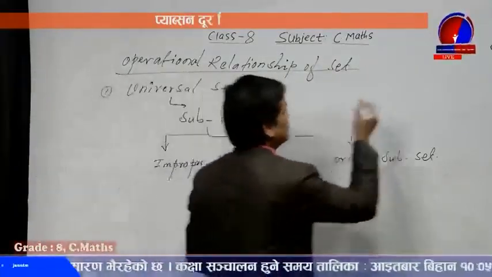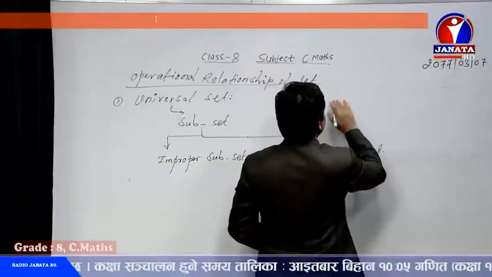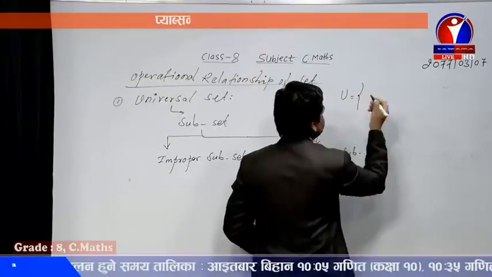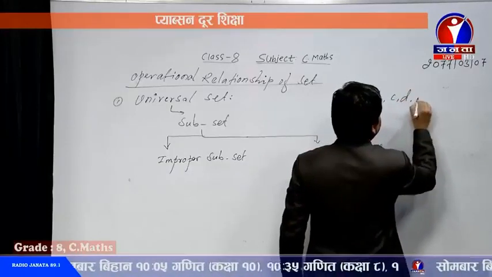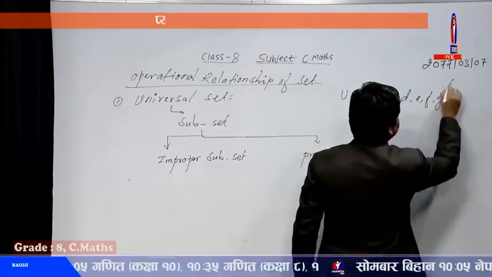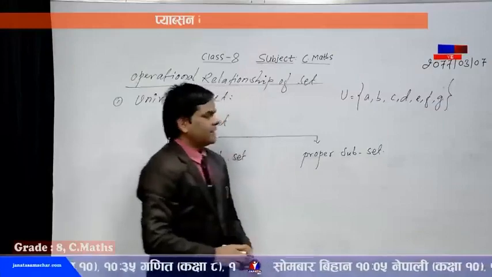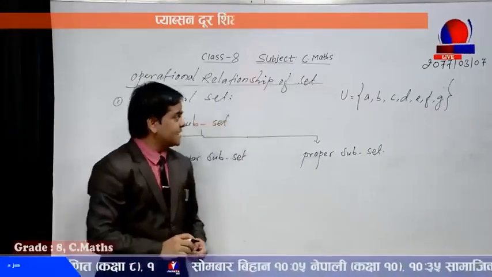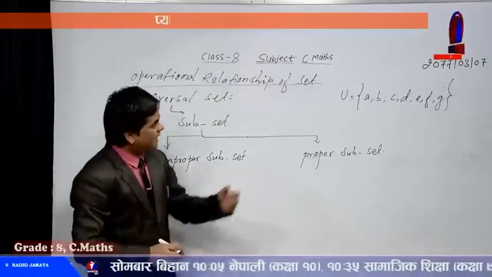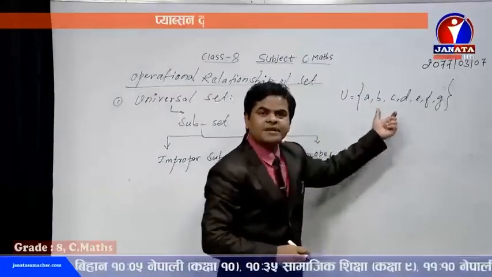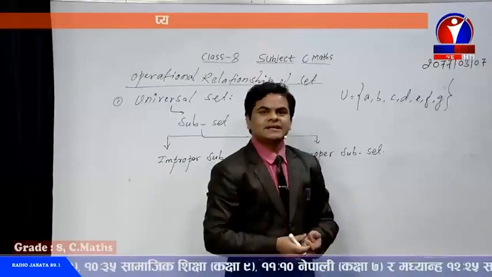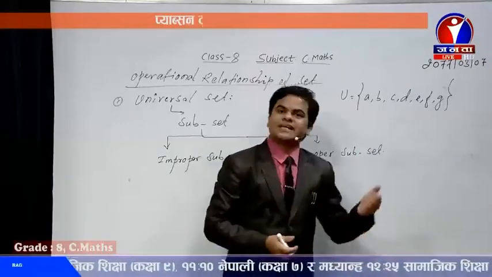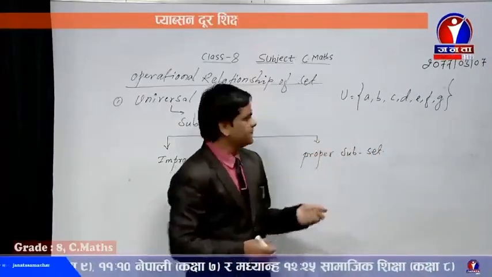So first of all, let's take a universal set. U contains the elements, the alphabets A, B, C, D, E, F up to Z only. Okay. Universal set has the members as A, B, C, D, E, F, G. So if we prepare other sets by taking some elements of this set, those are known as subsets of this universal set.